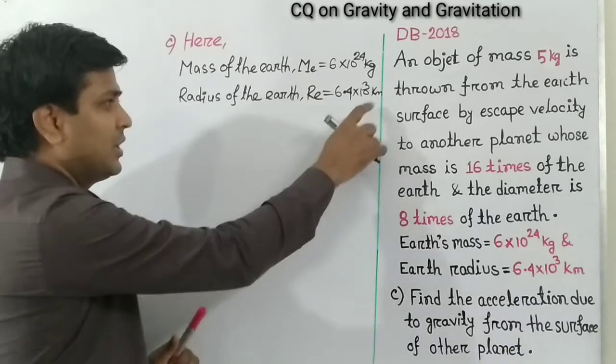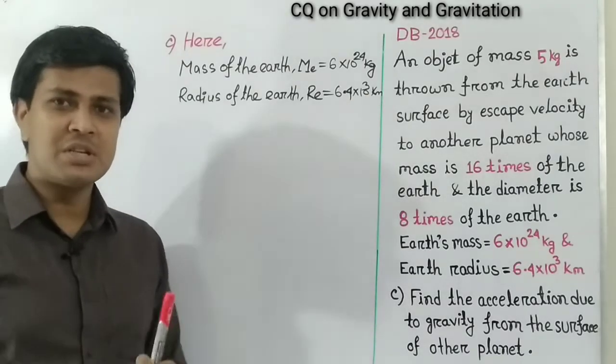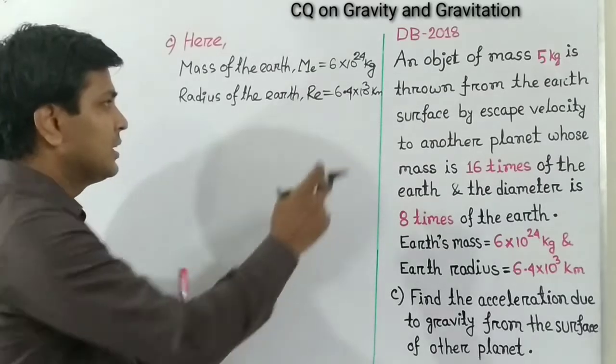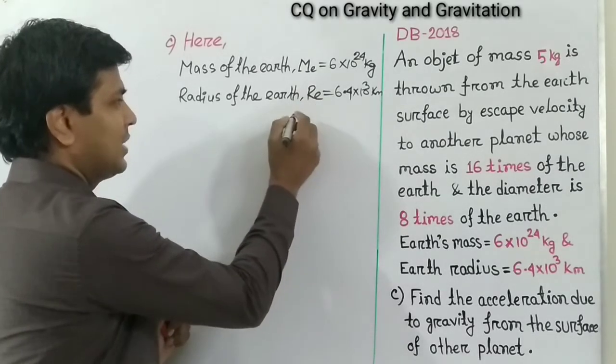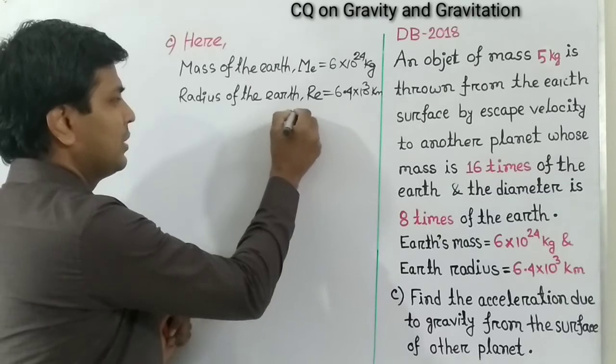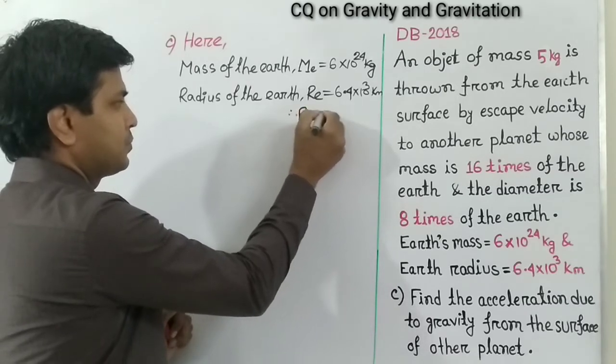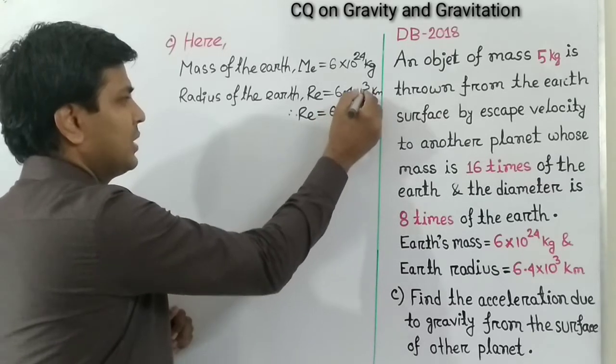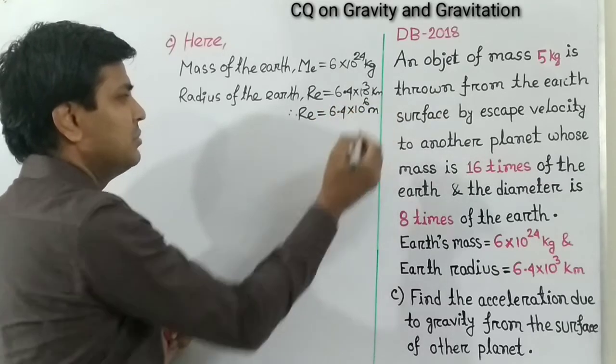We have to convert the kilometer unit to the meter unit, so we multiply by 1000. Then the radius of the Earth will be 6.4 into 10 to the power 6 meter.